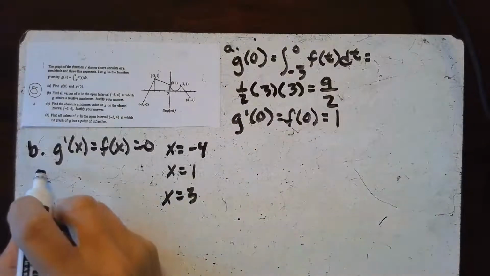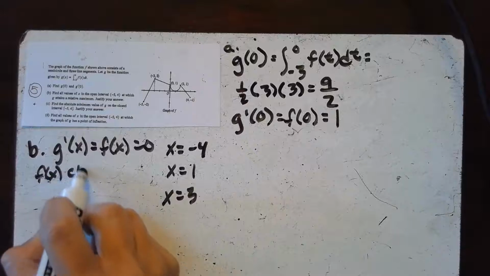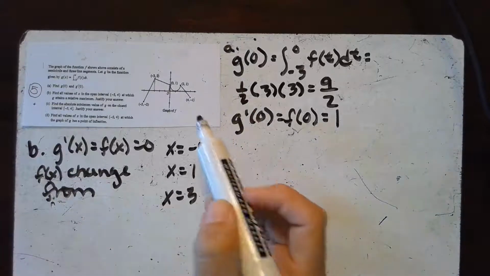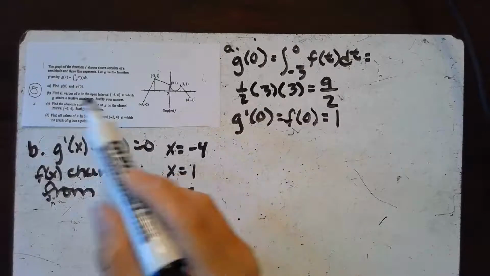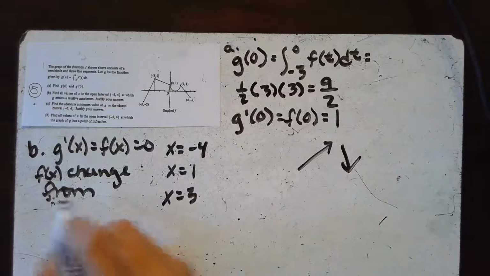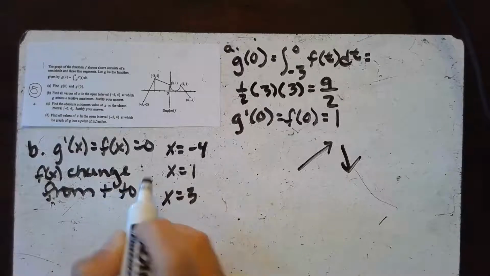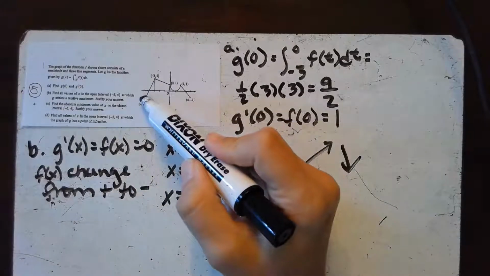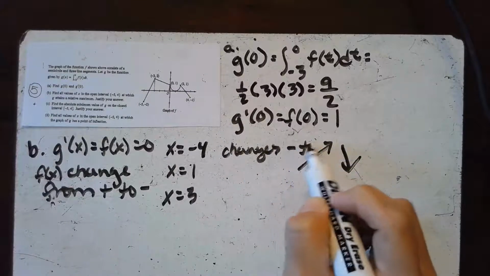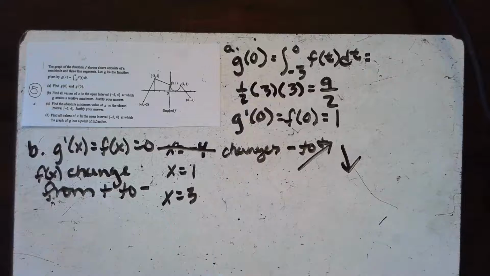However, f of x needs to change, think if it's a maximum, it's going to go up and then down. It needs to change from positive to negative. Well, that changes negative to positive at -4, so it's not that.